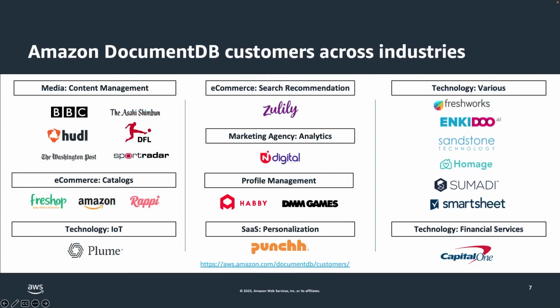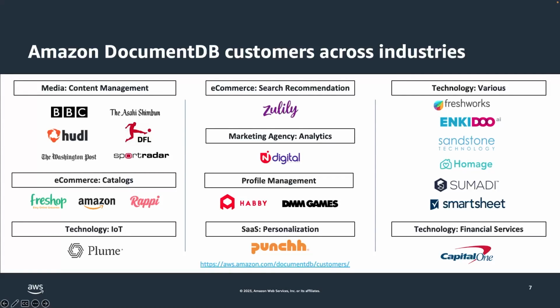In terms of customers, Amazon DocumentDB is being used today by a wide variety of customers, from long-standing global enterprises like Capital One to digital natives like Rappi and Zulily to game publishers like Habi. In addition, several products that Amazon customers use, such as Fulfilled by Amazon, the FBA experience on Amazon.com, are powered by Amazon DocumentDB.